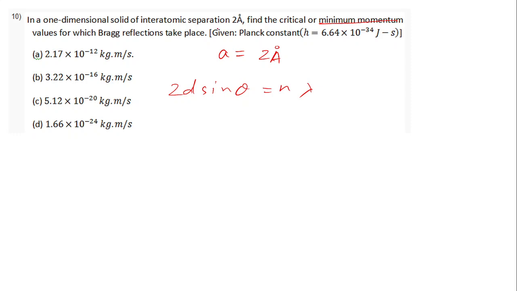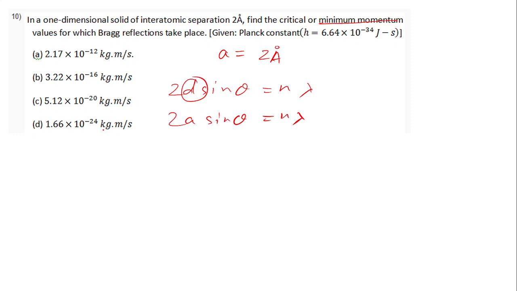We are talking about interatomic separation, means this is our... I think they meant interplanar spacing, because otherwise they have not given d value and they are not telling if it's cubic or not. So we can write it like this.